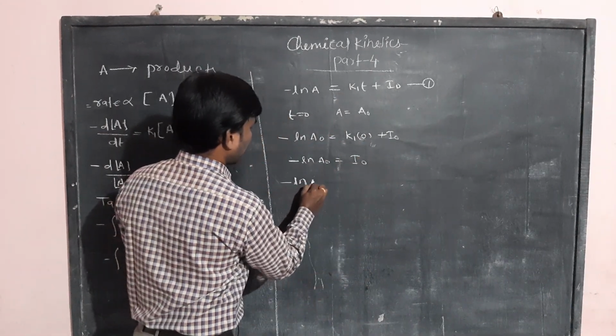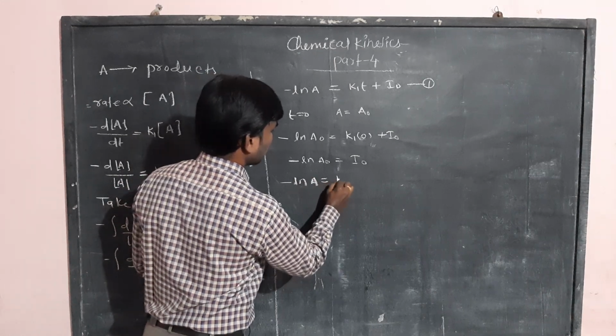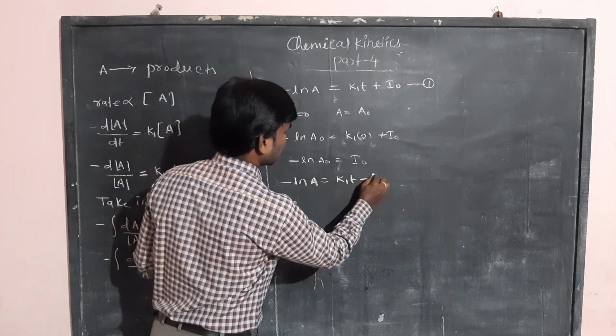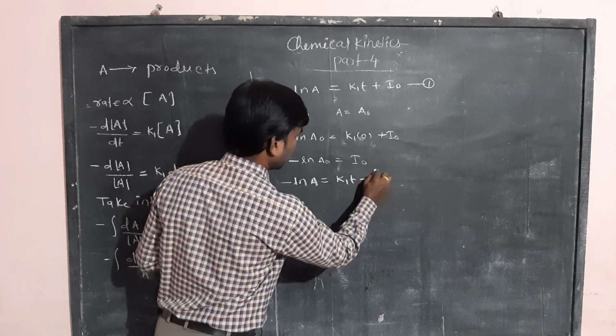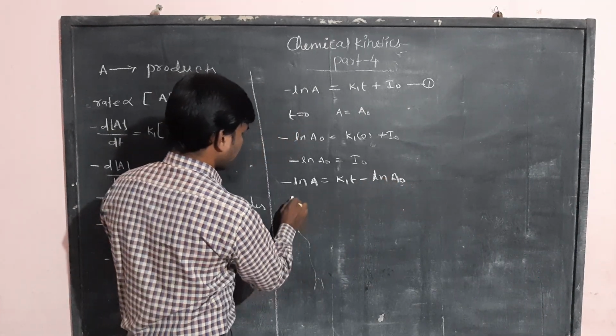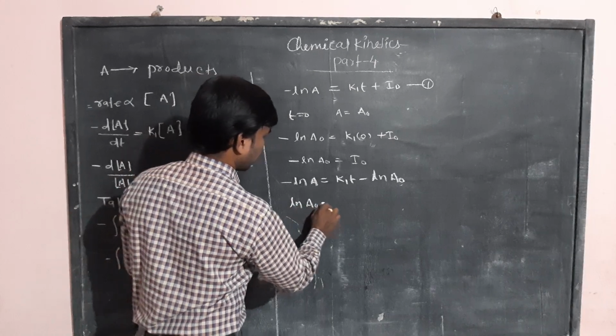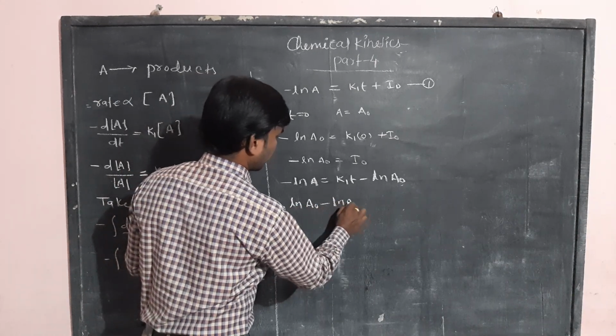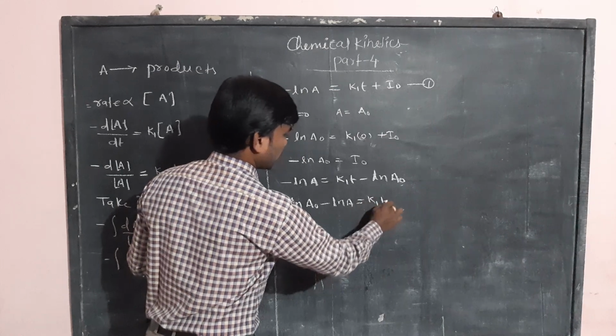Then ln A is equal to K1 into t plus ln A naught, with the sign adjusted. Take this ln A to the left-hand side, then ln A naught minus ln A is equal to K1 into t.